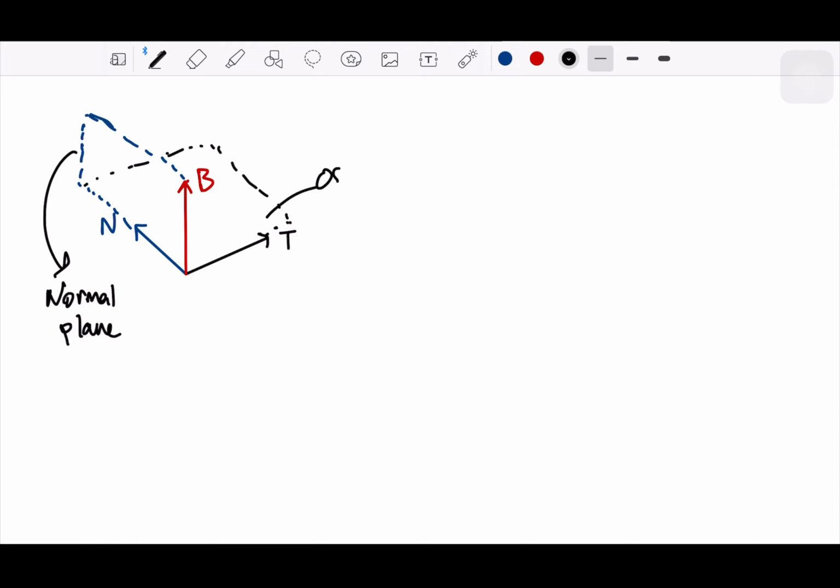So what does normal plane mean? Suggested by the term normal, all the planes that are orthogonal to T are called the normal plane. So it can be everywhere where it is orthogonal to the unit tangent.